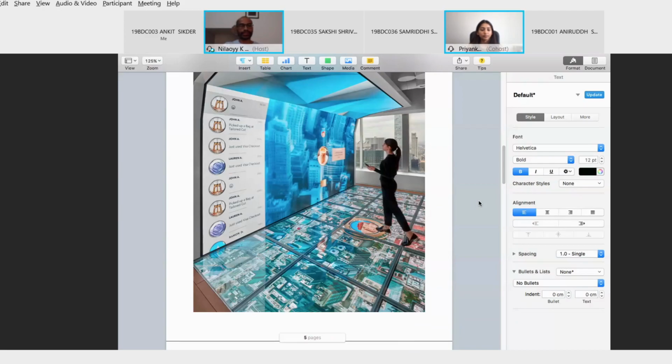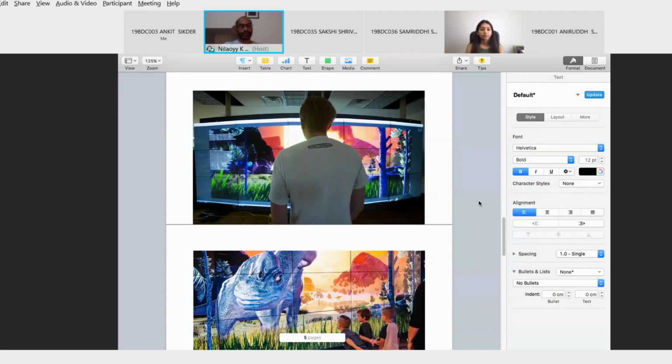There are so many types of sensors you get these days: sound sensors, touch sensors, motion sensors, light sensors. So you can use these. Even if you want to use sensors, there are a few companies in Gujarat that develop them.